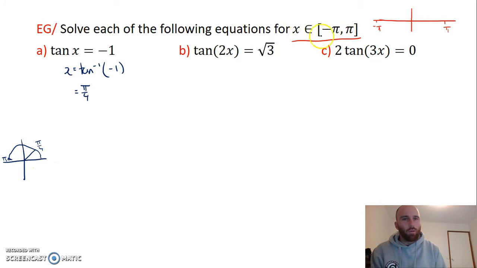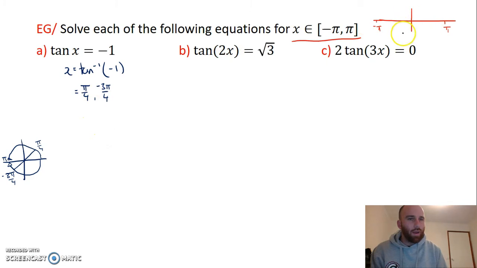But remember that our domain is between -pi and pi, so if we go to negative pi, we go back the other way. Remember tan is a gradient function, so we find the location where the gradients are the same, and that is -3 pi on 4. Those are our two values.